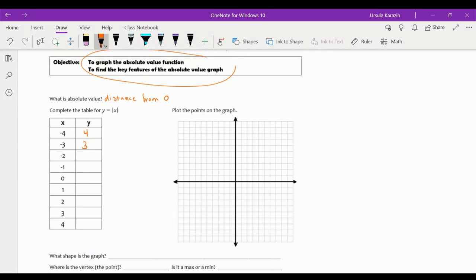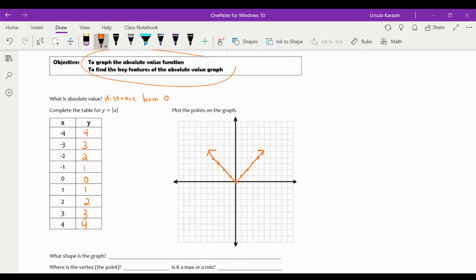And the absolute value of -3 is 3, and so on, so that I get these points. And my graph will look like this.